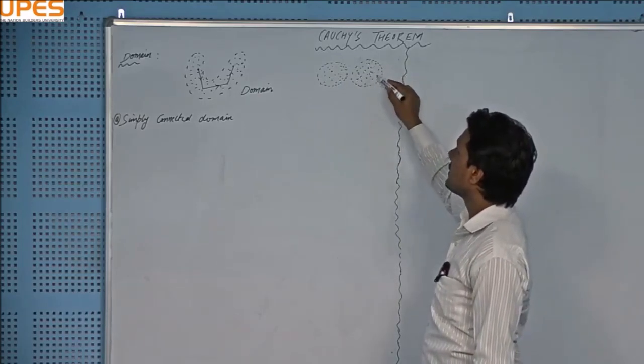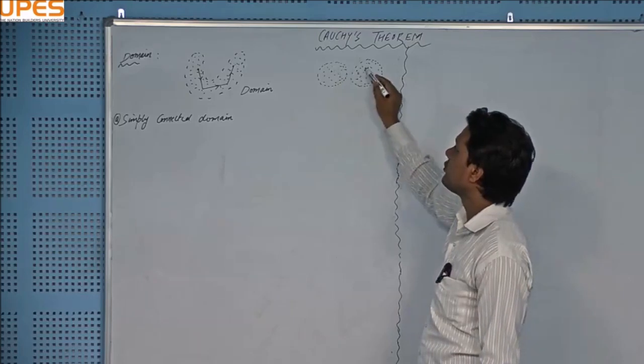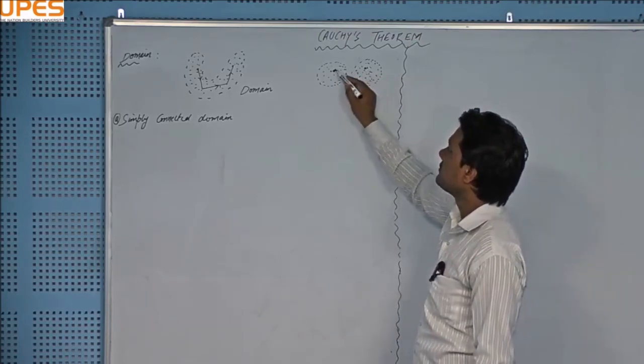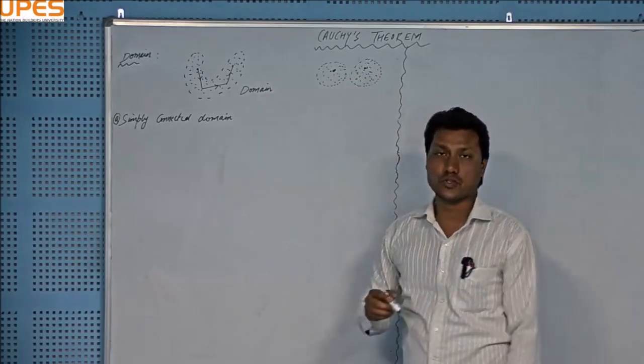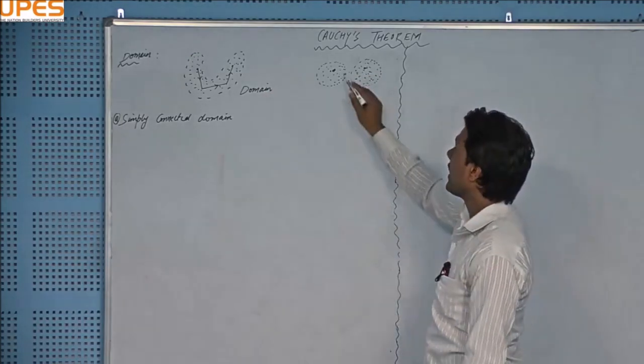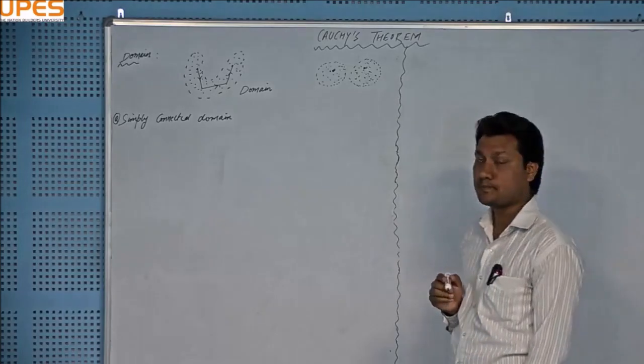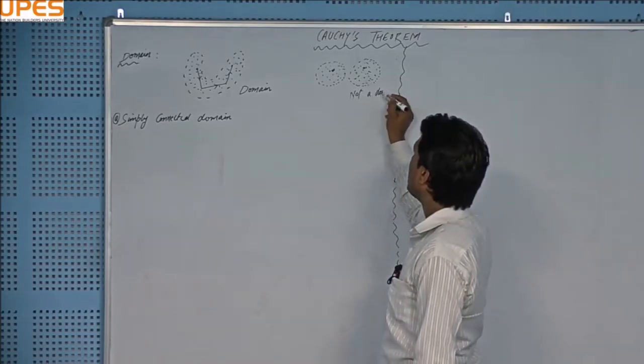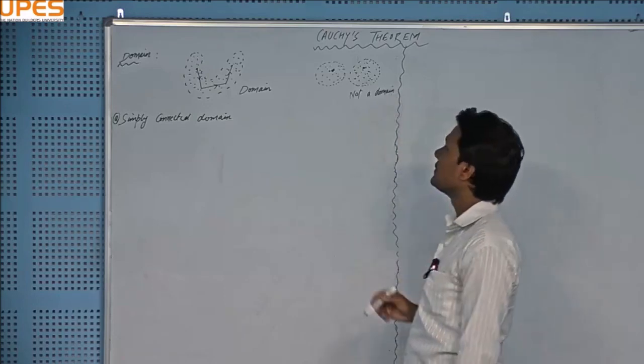Because taking 1 point in this part and another point in this part, you cannot join these 2 points by a sequence of lines, all of those lines lying inside the set, right? This is an example of not a domain, right?